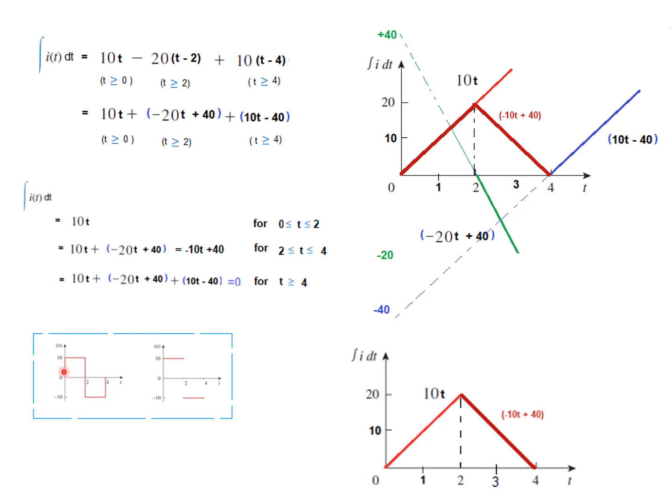Now if we integrate 10, it will give 10t, and if you integrate minus 10, it will give minus 10t, and if you extend this, the intercept will be plus 40. This way you can verify that your result is correct. So I hope this gives you an understanding of how to solve this type of problem. Thank you.